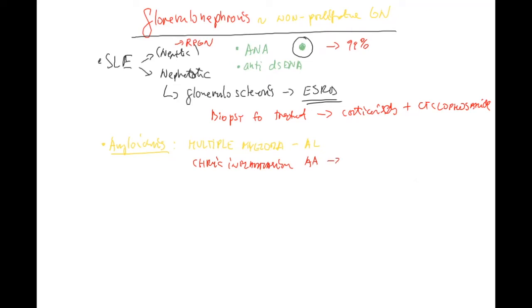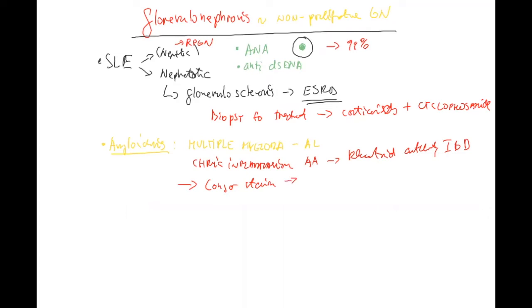So I'm going to put rheumatoid arthritis, inflammatory bowel disease, and etc. Remember, over here, Congo stain is the answer for pathologists, and what is even more important is the apple green birefringence.